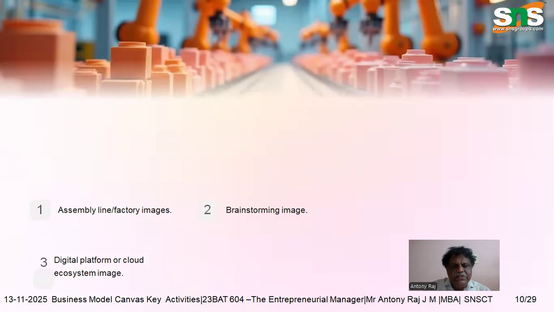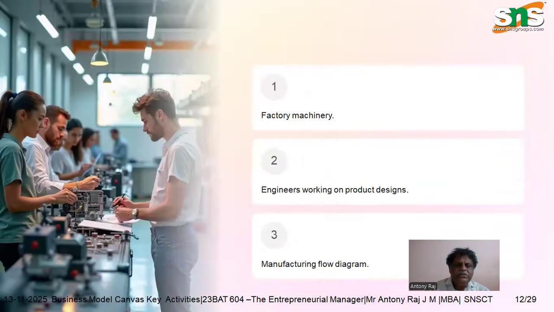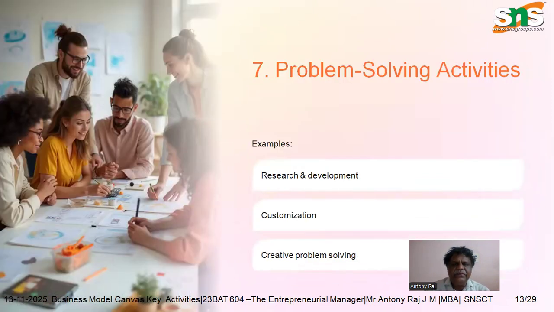For example, under production activities, manufacturing, product development, and quality management are very important key activities. This is an example of a key activity: factory machinery, engineers working on product designs, and the flow of the manufacturing diagram.